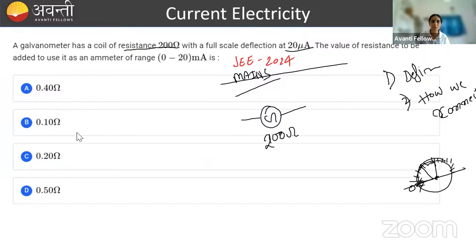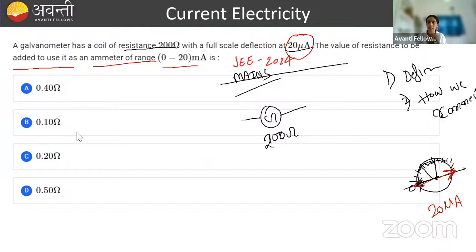Yani ki it will start moving from zero, and it will go on till the final mark. So this is full scale deflection. ठीक है. So full scale deflection के लिए certain value of current it takes. Here that value given is 20 microampere. Correct है? The value of resistance to be added to use it as an ammeter of range this.